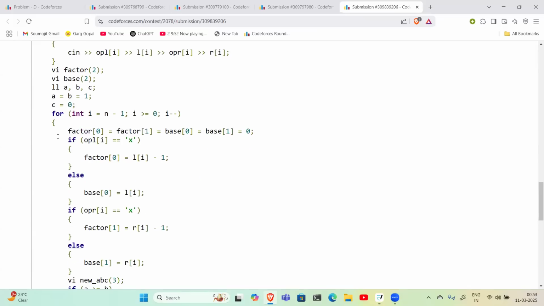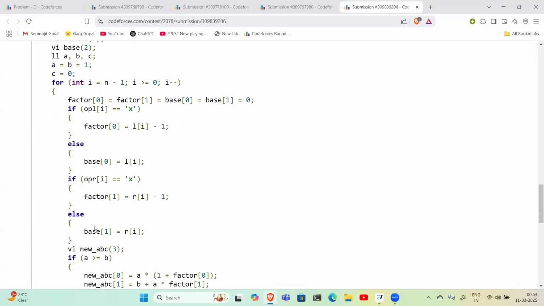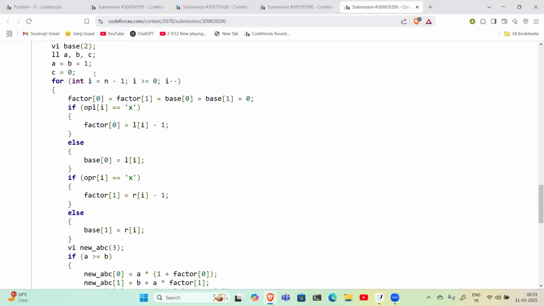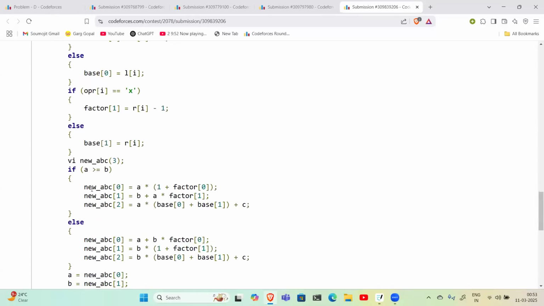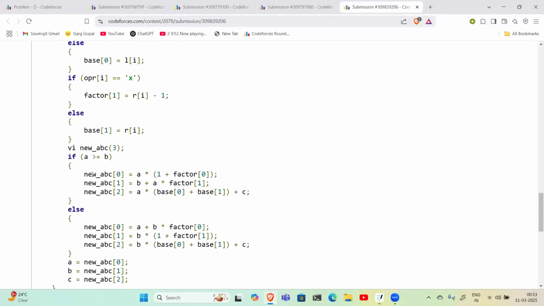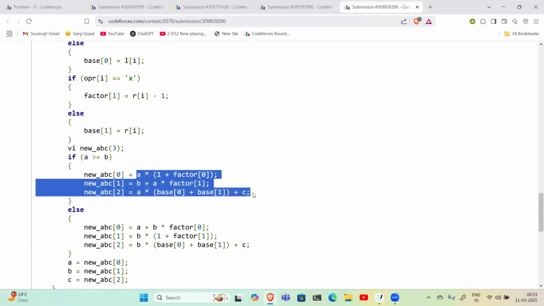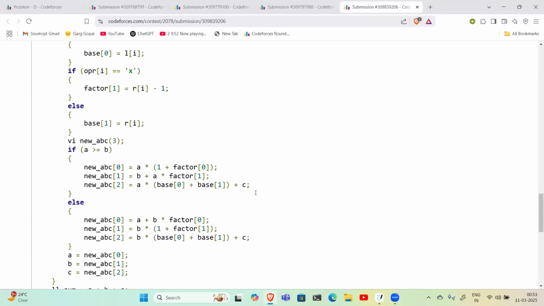Okay, now I scan the ith gate, traversing in reverse order from n minus 1 to 0. I first scan the gate and populate these values f0, f1, c0, and c1. After that, I use the same coefficients as I discussed. These are the same expressions which we found: a into (1 plus f0), b plus a into f0, and so on.